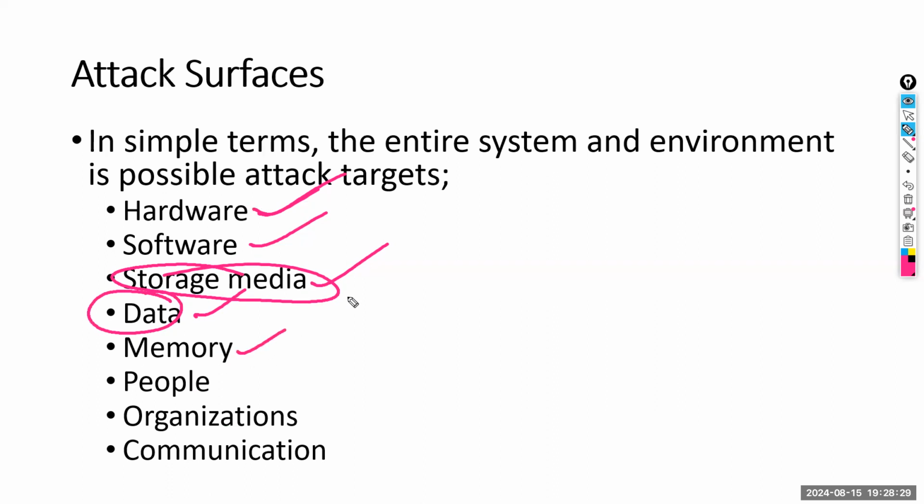Even there are possibilities of attacking at the memory level. Maybe another program tries to access the data related to that processing in the memory. But these are very rare these days because operating systems take all the precautions to not expose the memory of one program to another program.